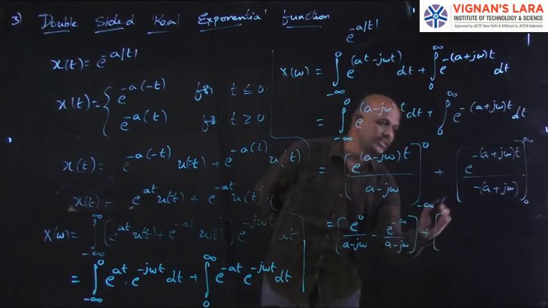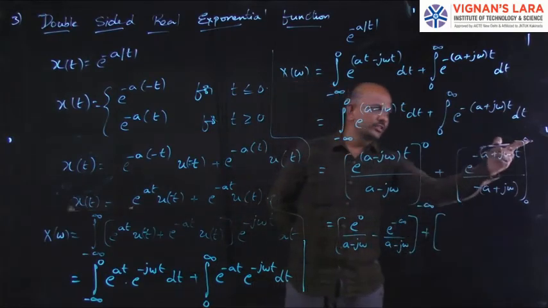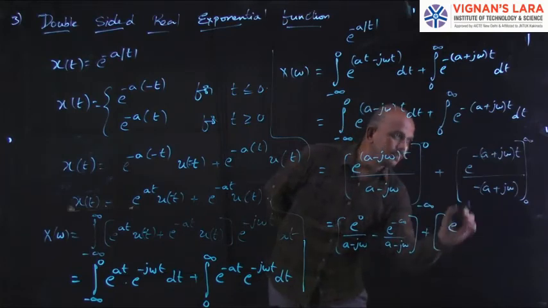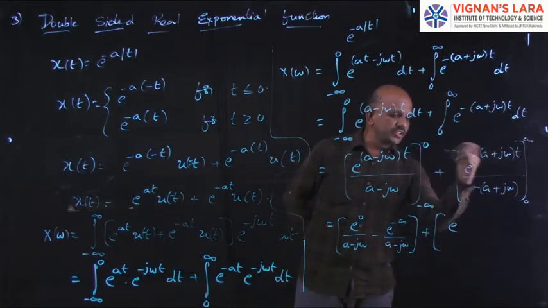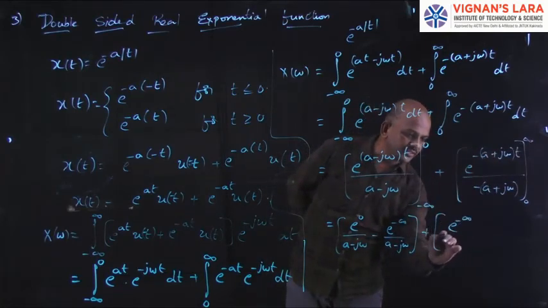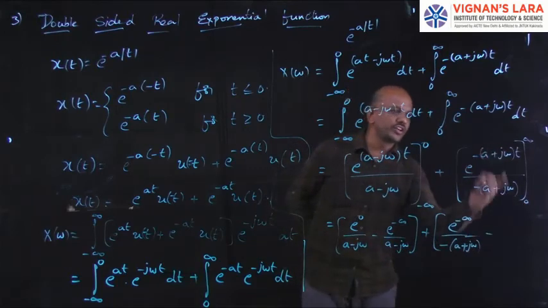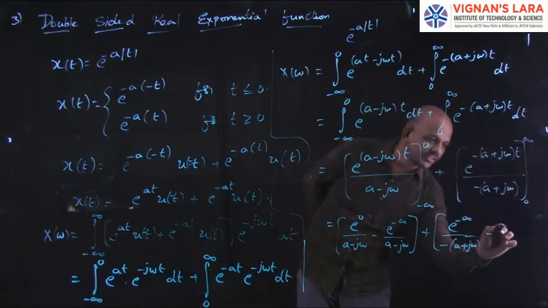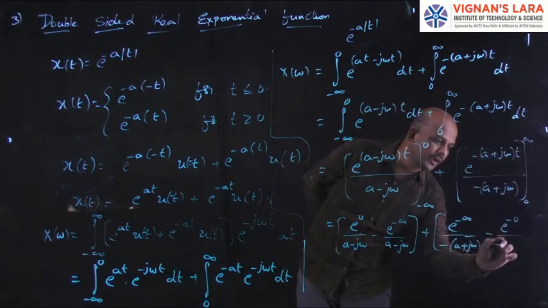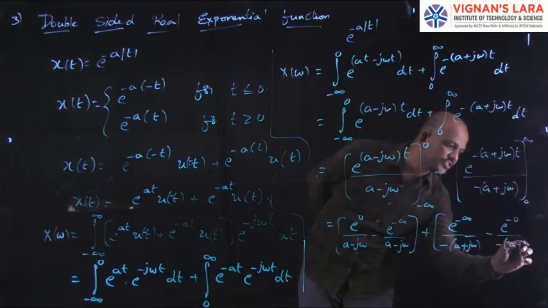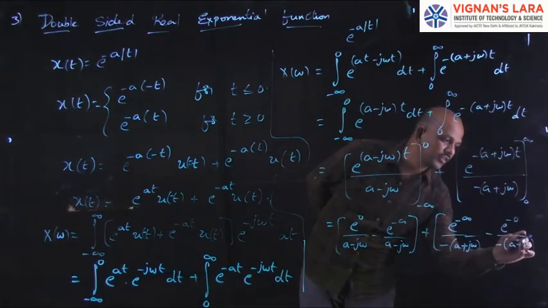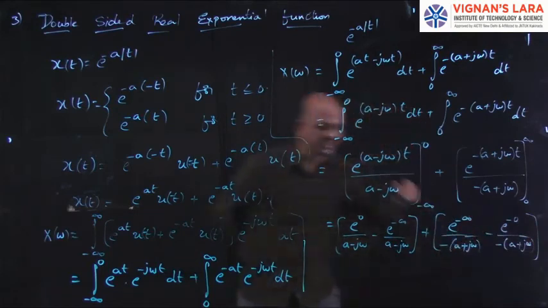Plus, substitute infinity here, infinity into anything is infinity, so I will get e power minus infinity by minus of a plus j omega, minus, substitute 0 here, 0 into anything is 0, so I will get e power minus 0 by minus of a plus j omega. This is the second function.